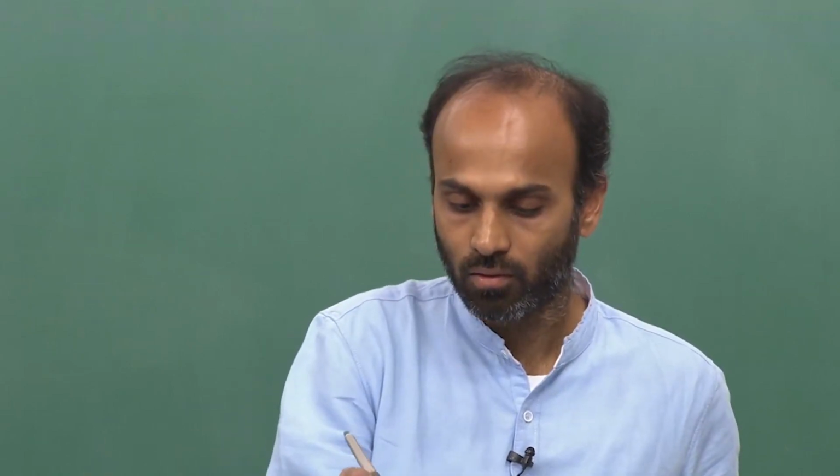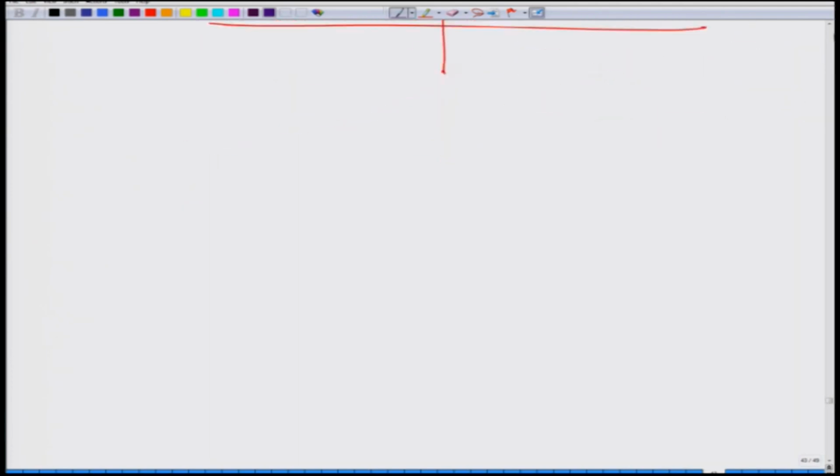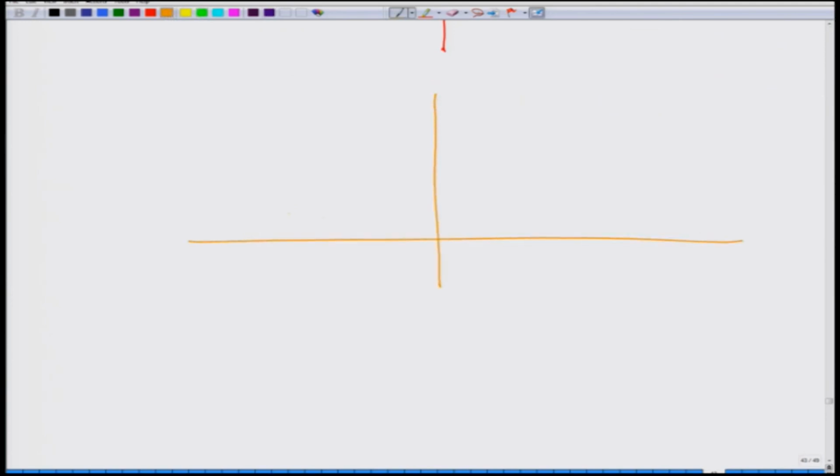So step 1 is the flip, followed by step 2, advance by T. When you advance by T, what you will get is this. So this is Pt minus tau equals h tau.